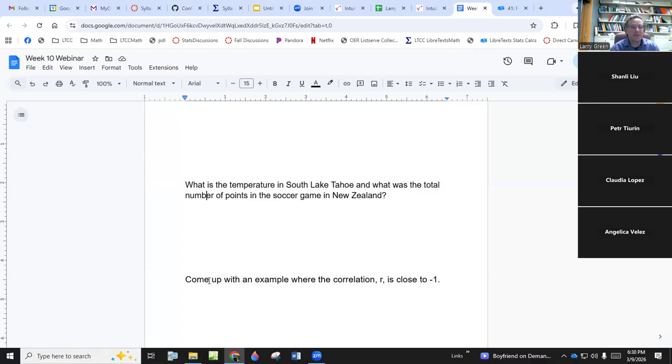And I'm guessing you didn't mean the one a long time ago about siblings versus questions left blank on the exam, because that would be probably close to zero. I don't think siblings have anything to do with questions on the exam that you left blank. So let's see if you can come up with two survey questions where you have an R close to -1.